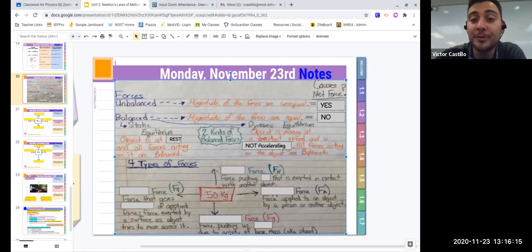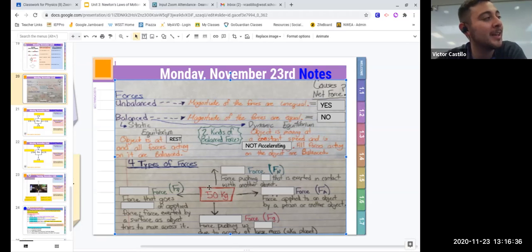There's cruise control. Most cars have cruise control. If you click on cruise control, whatever speed you're at, it will stay like that. So if it's 25 miles per hour, it will stay at 25 miles per hour. That means it's not speeding up, it's not slowing down, it's constant. So that's another example of dynamic equilibrium. It's going, but it's going at a constant pace.